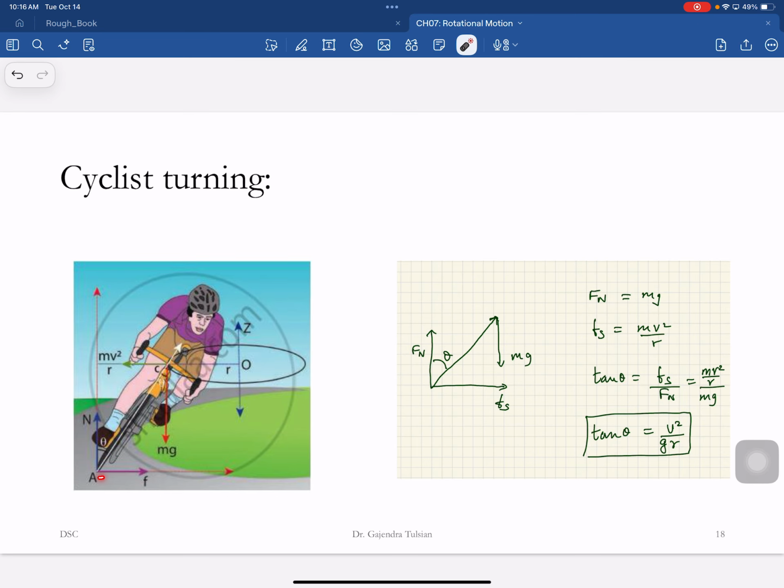The friction force is providing the centripetal force, and the normal force is balancing your weight. So tan theta is the friction force divided by the normal force, which is equal to that. So tan theta is v squared by g r, exactly the same relationship as the one before. The greater the speed you're going at, the greater tan theta has to be, so you have to lean further so that this number is bigger.